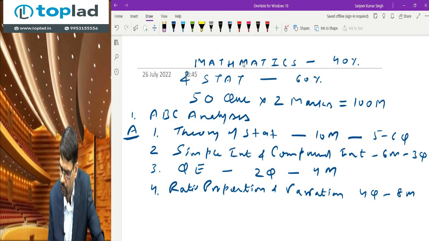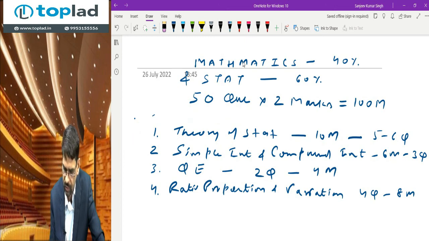So friends, now let's talk about the B category.